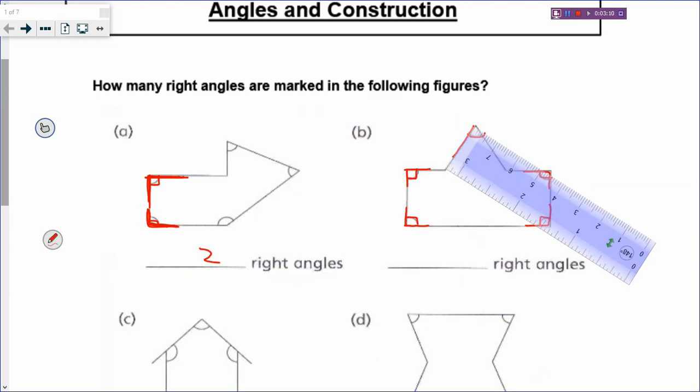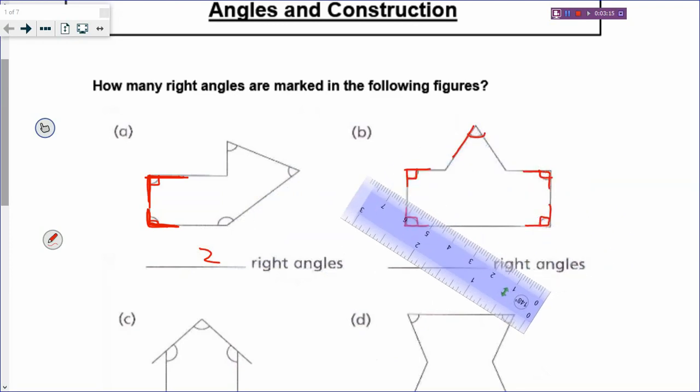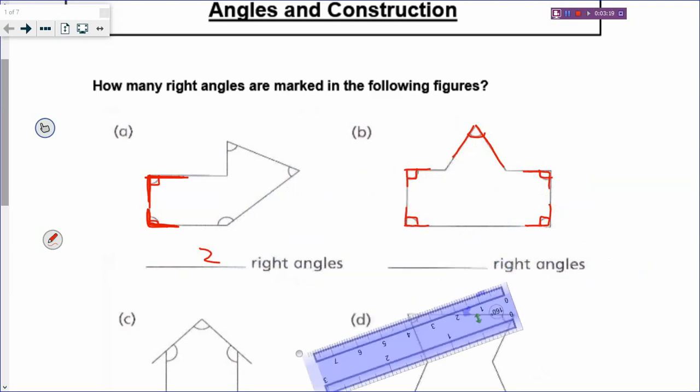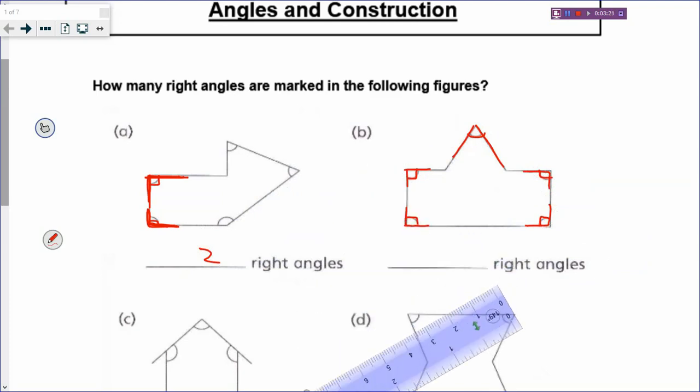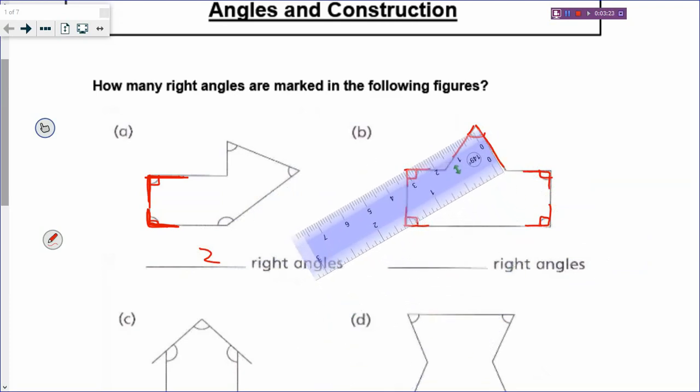Once the other line goes inside the ruler, it is not a right angle. How about the other red line? Can we place our ruler on the other red line? Yes, we can. You place your ruler onto the other red line, and you see the red line is going inside the ruler. So once you see the line goes inside, then that is not a right angle.